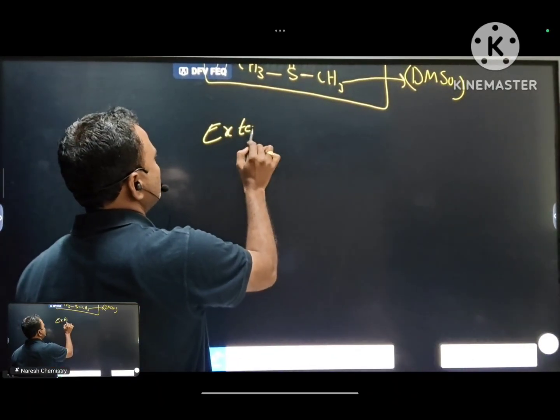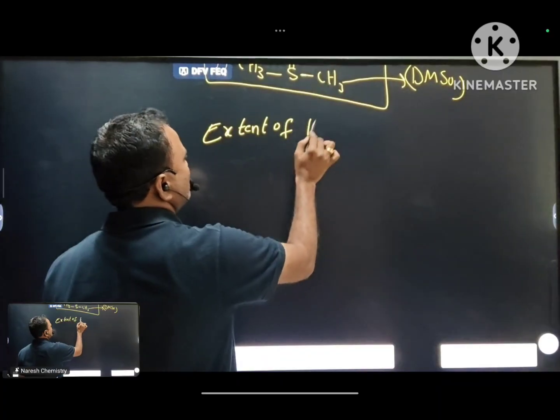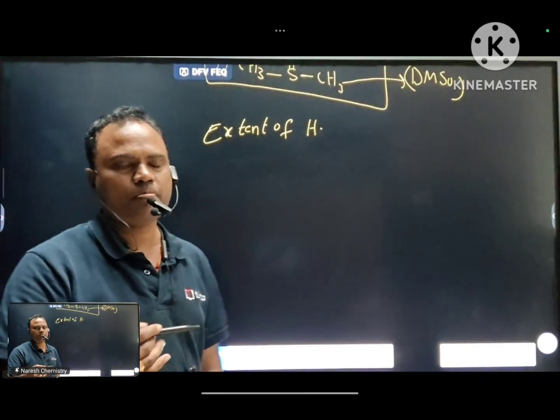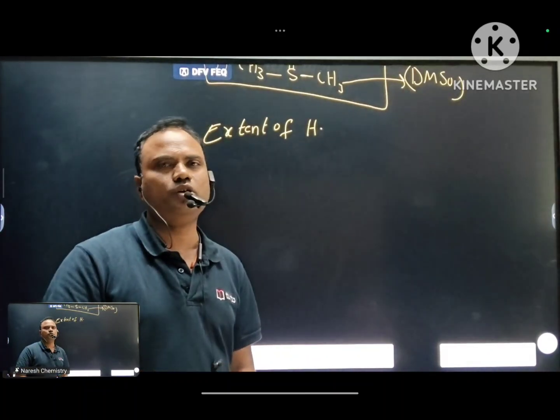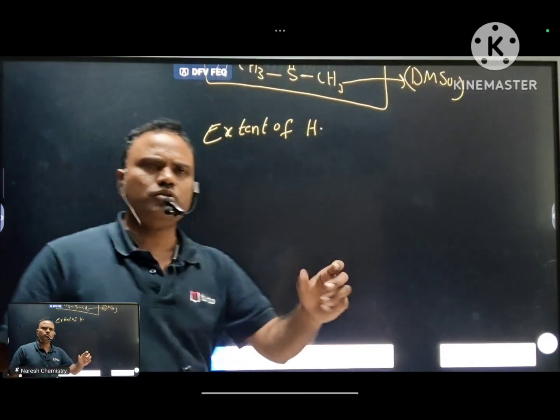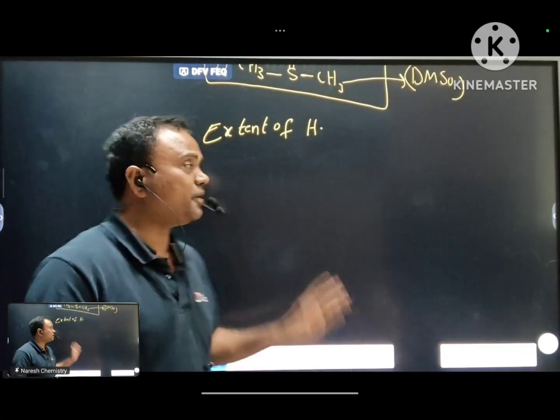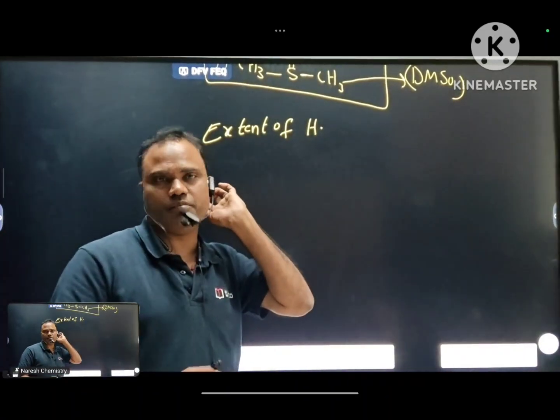Extent of hydrogen bond. First, I will cover some dry theory-based topics. Then we will come to model questions, because you can remember easily in which of the following intramolecular hydrogen bondings are present, but you will forget these types of theory points.